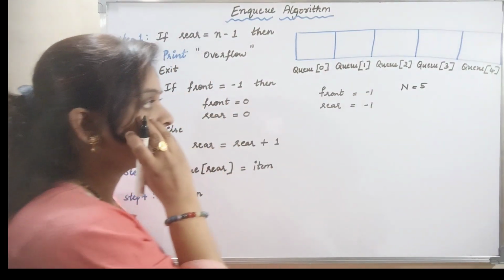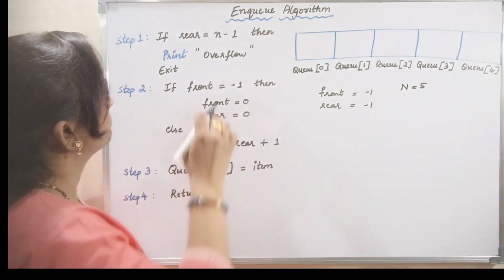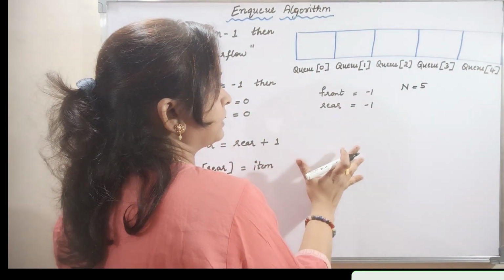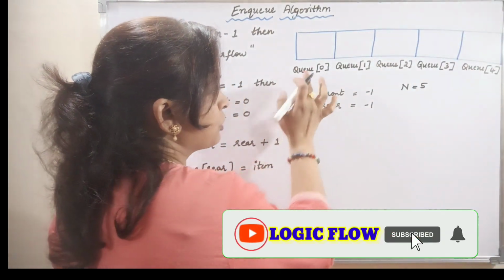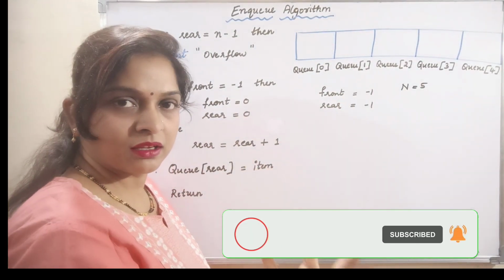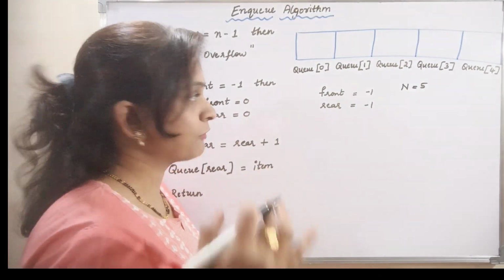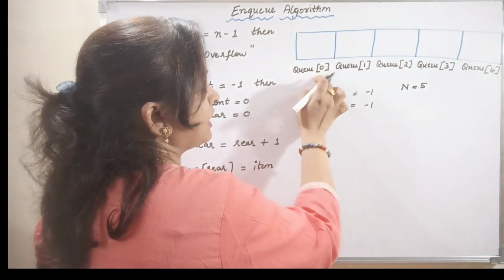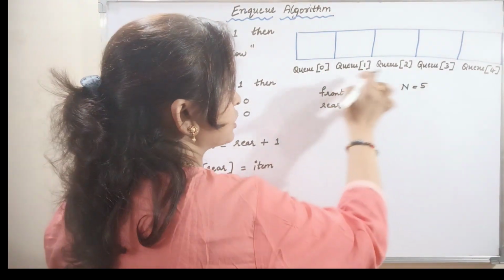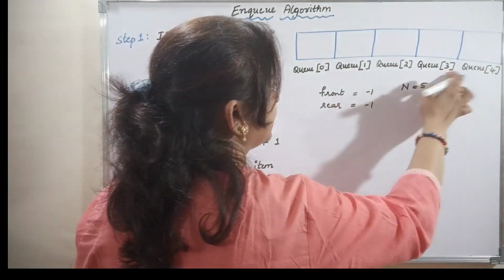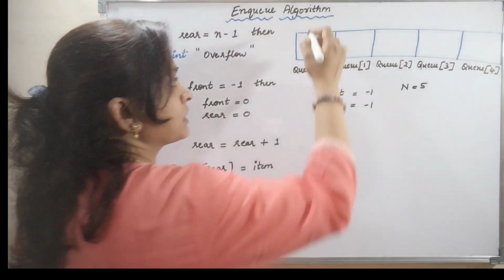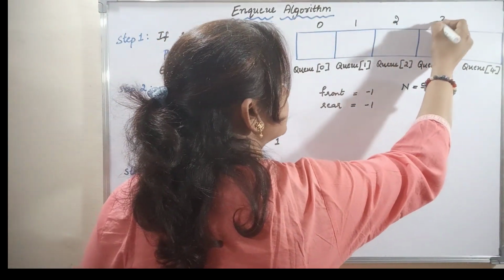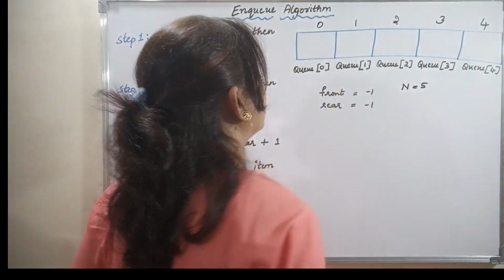Initially, they will be set to -1. So this is the memory representation I have written. The array name is Q, and the index values that I have mentioned here are 0, 1, 2, 3 and 4.